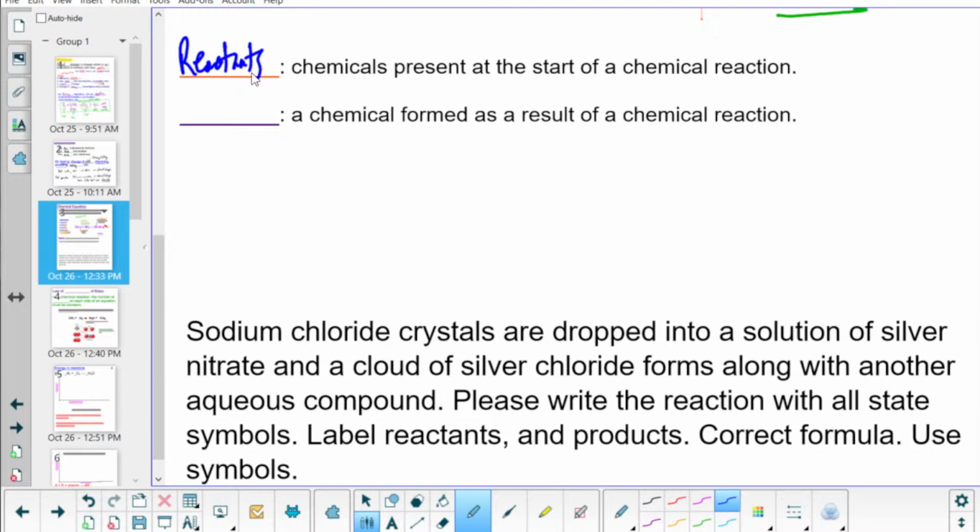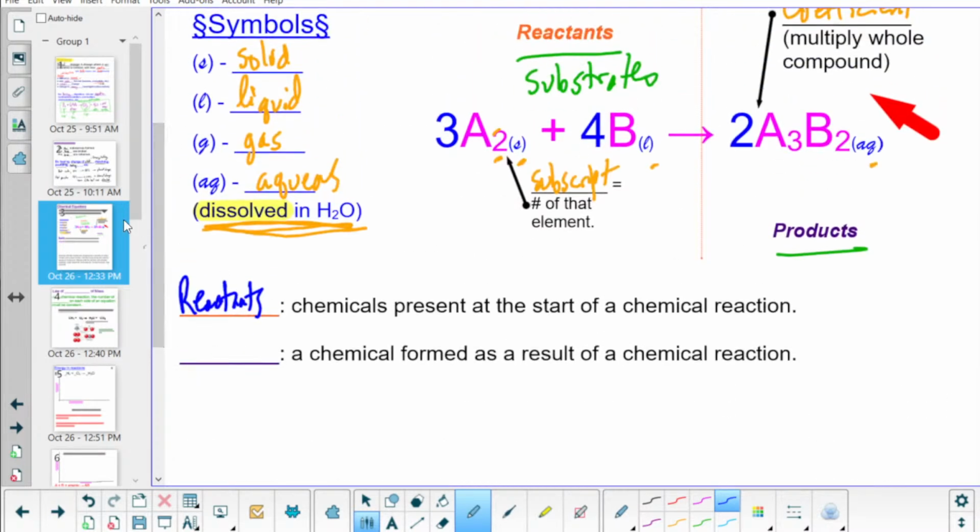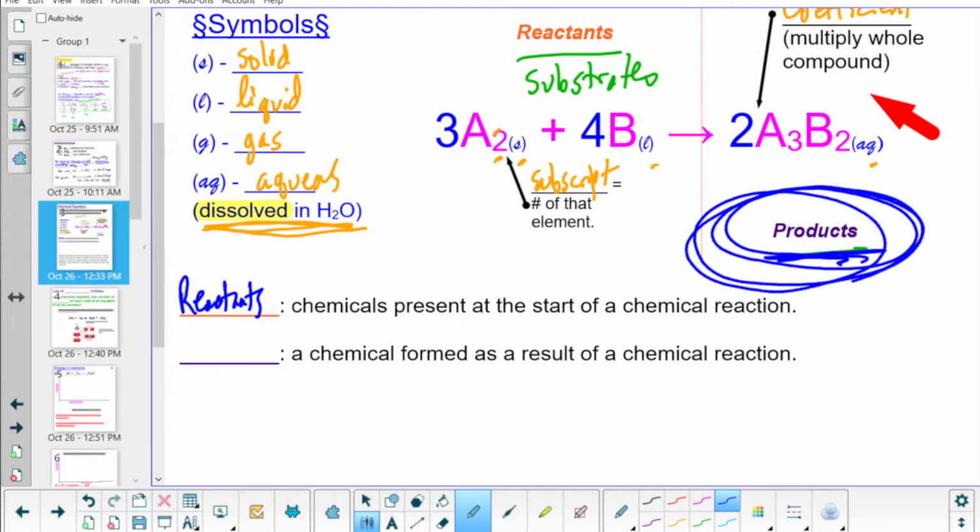And the chemicals at the end, Logan? Products. That's what I'm looking for. Reactants become products.